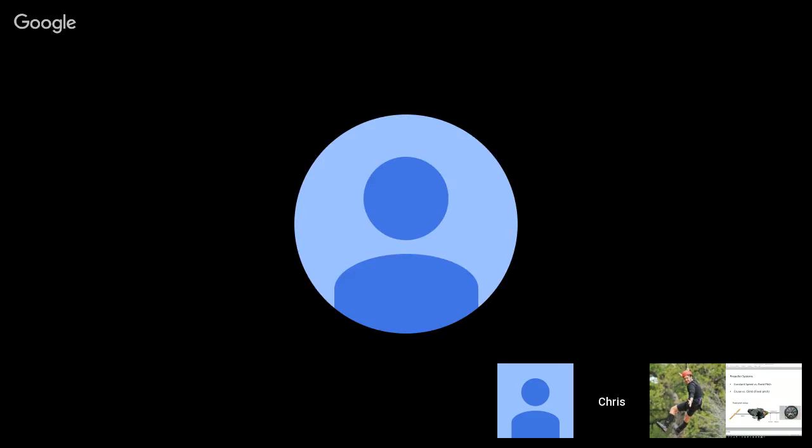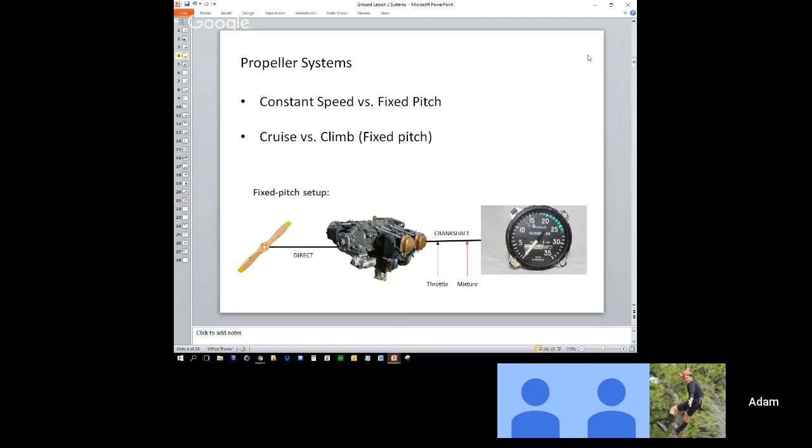Yeah. Okay. So getting back to the fixed pitch and the point I was making about the cruise versus climb, the one downside of a fixed pitch propeller, meaning a propeller that we cannot change the blade angle, is you've got one blade angle to use through all your flight configurations: climb, cruise, descent, emergency, flying upside down, what have you, right?